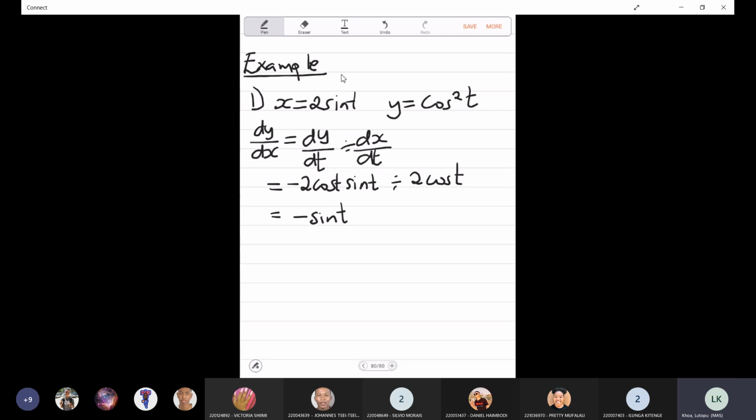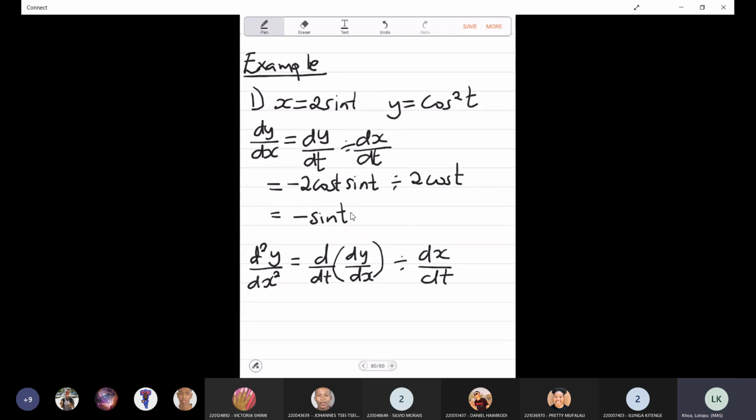Then we can work out the second derivative, d²y/dx². We first have to differentiate dy/dx in terms of t, and then divide by dx/dt. So this dx/dt, we already worked it out over here.